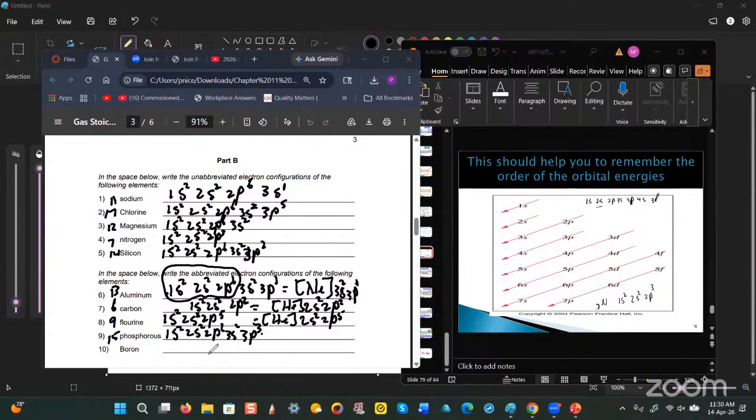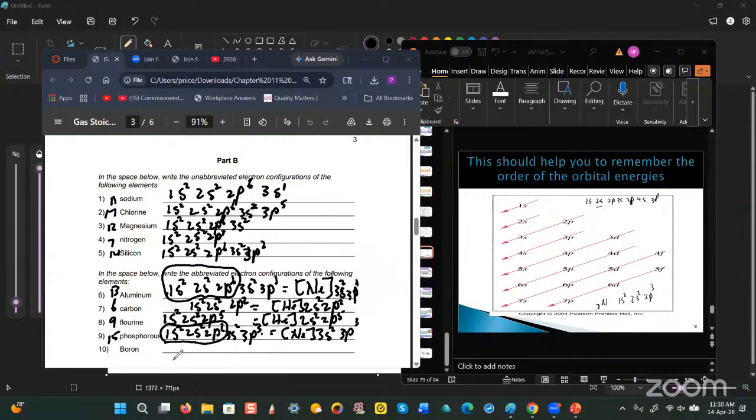Exactly. So what's the group 8 element that precedes phosphorus? Neon, right? So neon will take care of all of this right here I'm circling. So therefore, we put the neon symbol in square parentheses followed by what? 3s2, 3p3. Exactly.